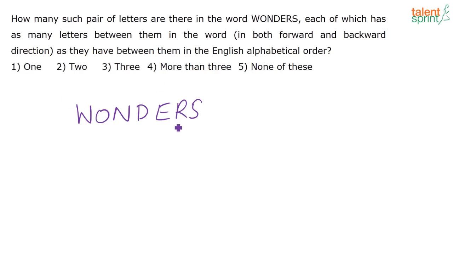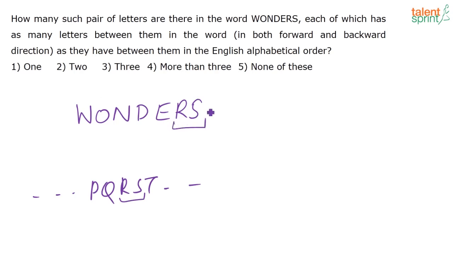See, for example, let us take this R and S. Okay, here if you actually take the alphabetical order A, B, C, D, E, F, G, correct? What will you get? You have P, Q, R, S, T, correct? So in the actual alphabetical order, after R, the letter that comes is S, correct? In this word also, just like in the alphabetical order, after R, S is coming.